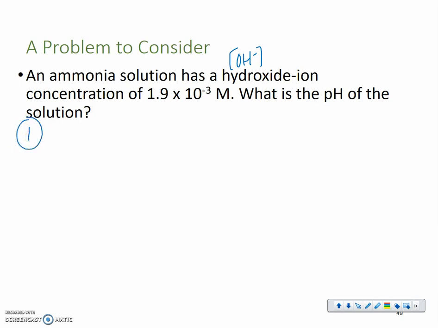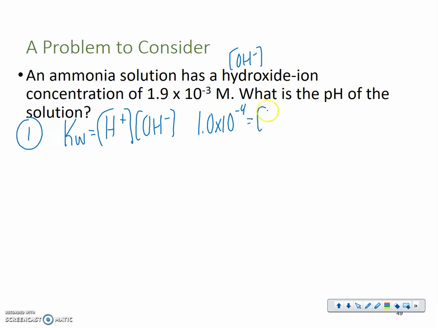So the first thing you can do for the first way to solve it is to use your KW formula. So KW is a constant. We can plug in my hydroxide value.